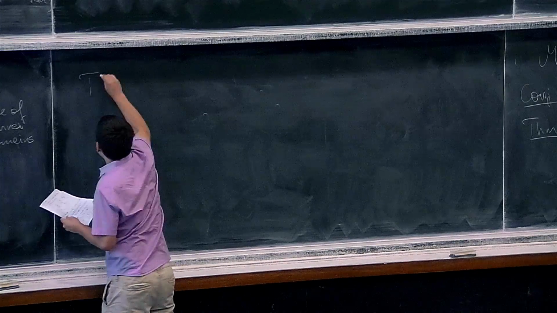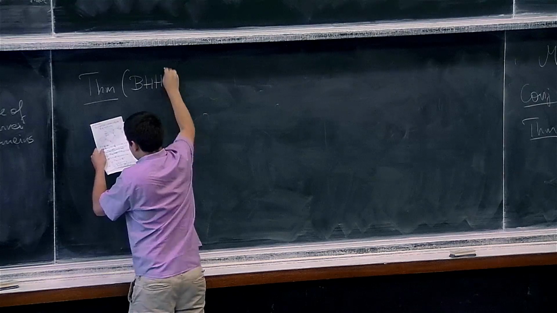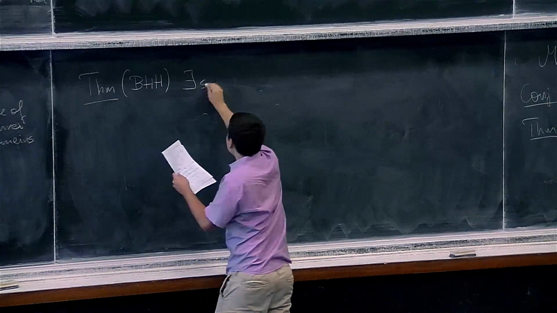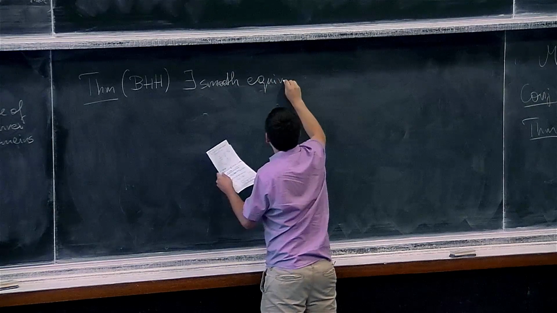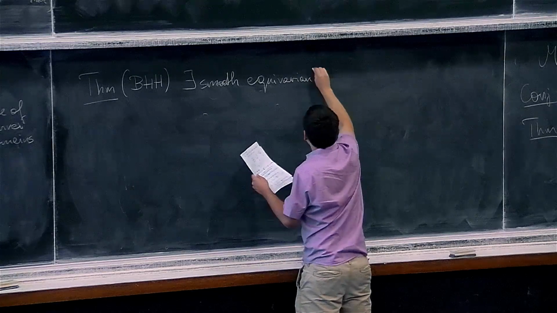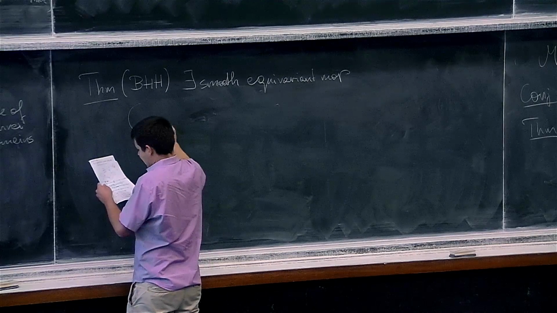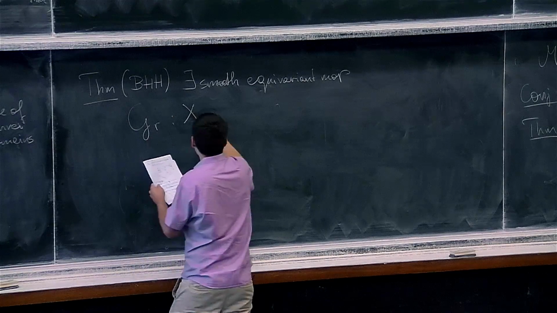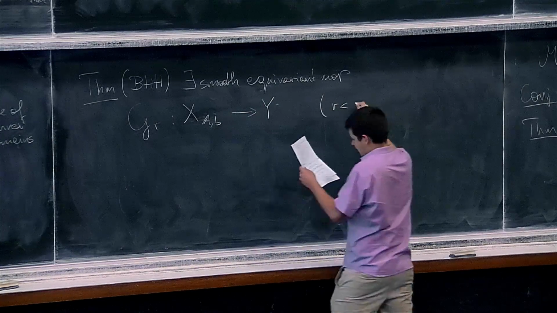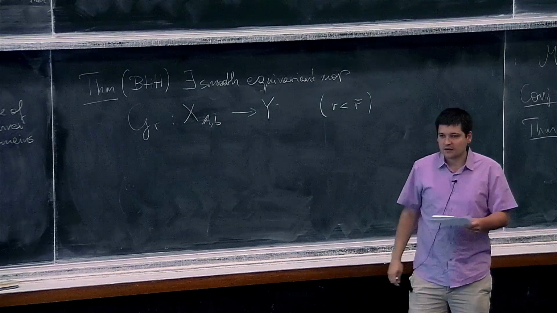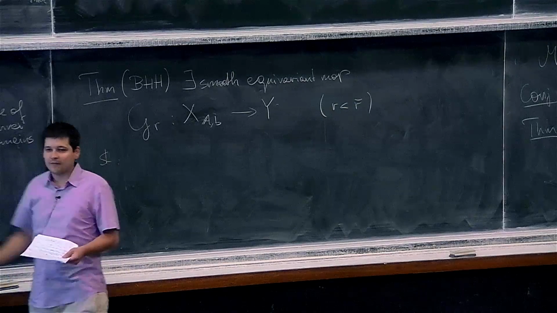And then the gluing theorem says there exists a smooth equivariant map, gluing at scale r from X_AB to the two convex domains, which is defined for all string radii which are small enough such that it does what you see in the picture.